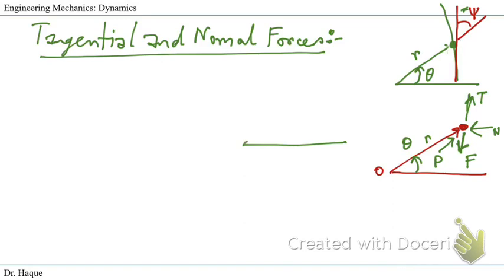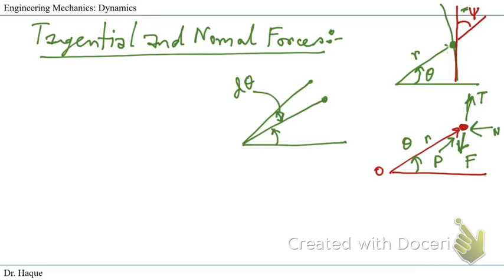For example, if the particle was here and now it moved to another position up here, the change is this one, which can be defined as d theta.